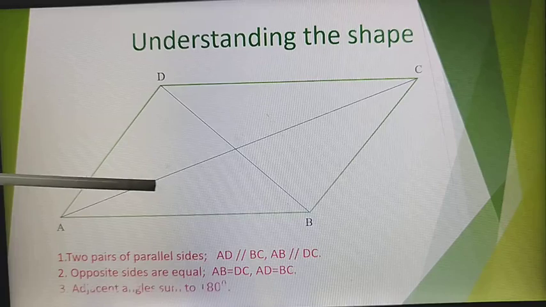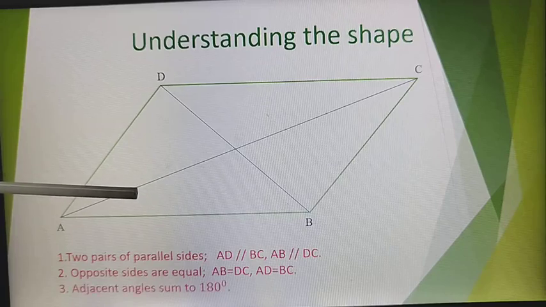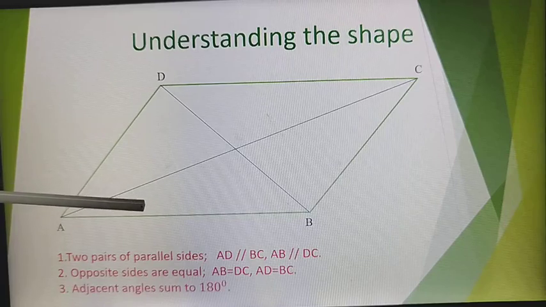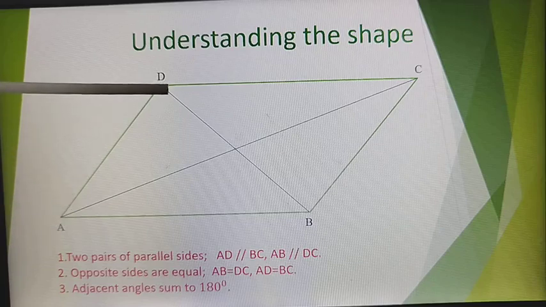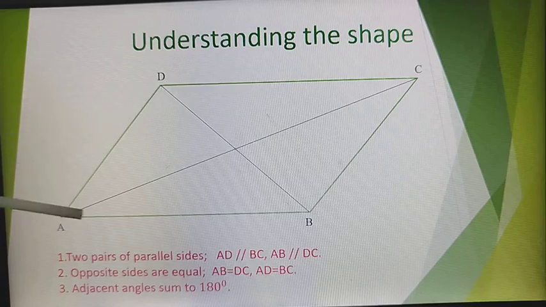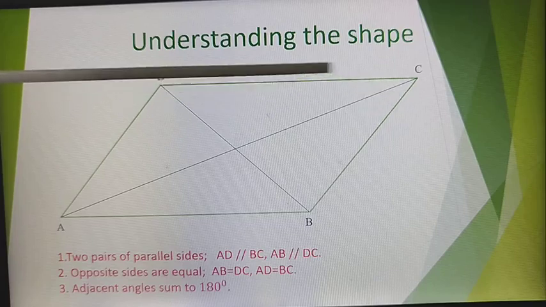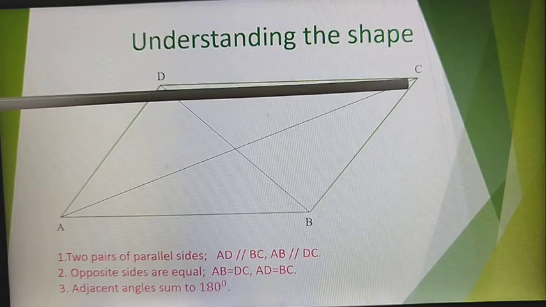Then adjacent angles are supplementary. They sum to 180 degrees. So angle A and angle D are adjacent angles. They are supplementary angles. They sum to 180 degrees. Angle D and angle C are adjacent. They are also supplementary angles.